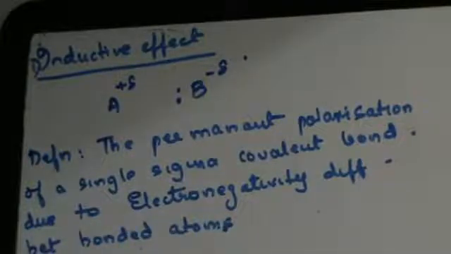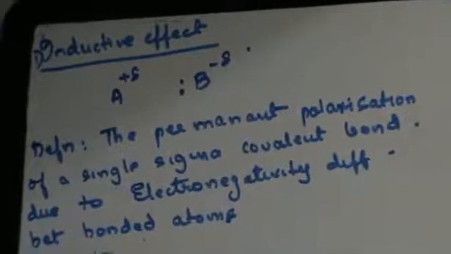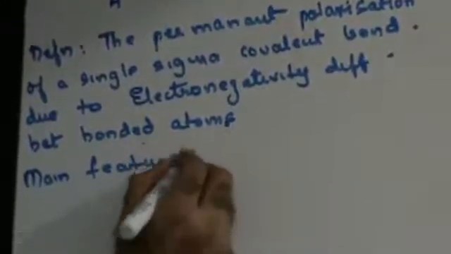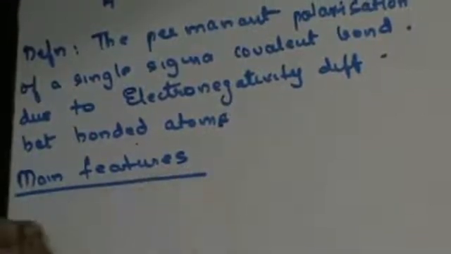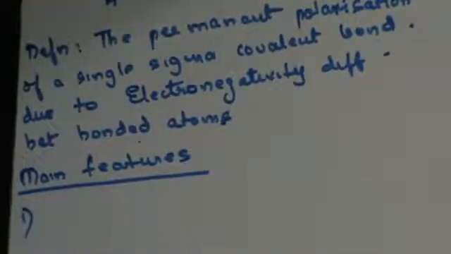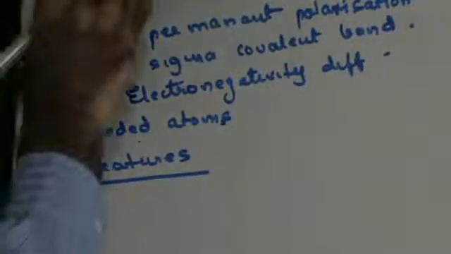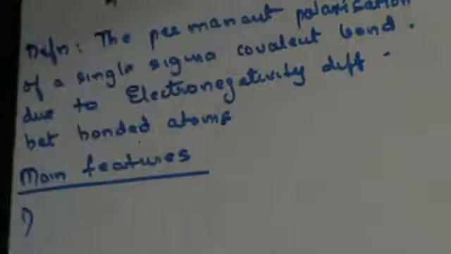Now what are the main features of inductive effect? Inductive effect explains the mobility of the electrons in a single covalently bonded atom. The electron pair being closer to one atom and away from the other atom is explained by inductive effect.